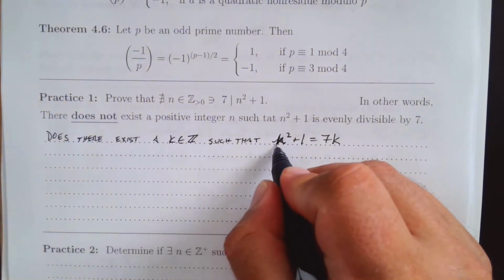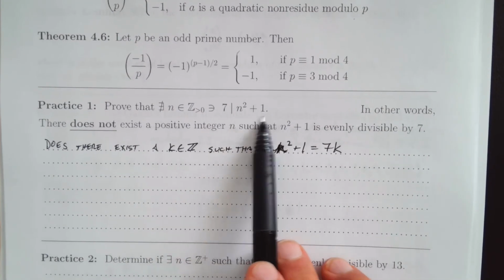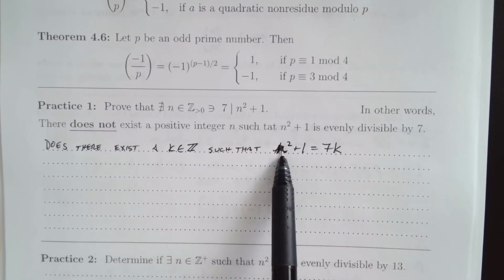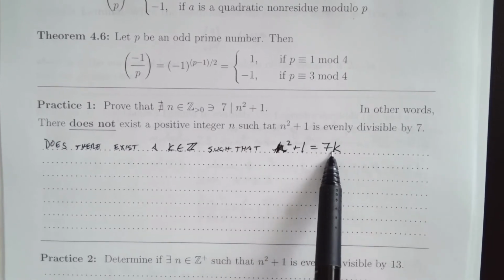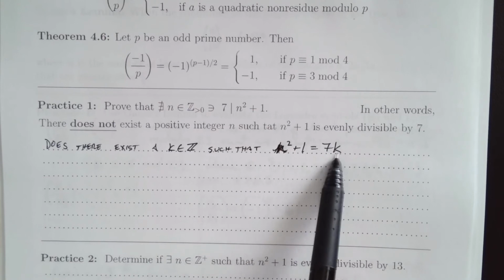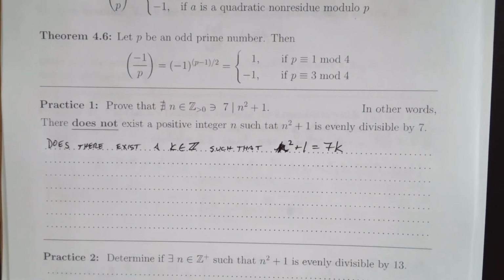So we're saying, if 7 divides n squared plus 1, that means that n squared plus 1 can be written as a multiple of 7, as 7k. So is this possible? Can I have n squared plus 1 equaling 7k?